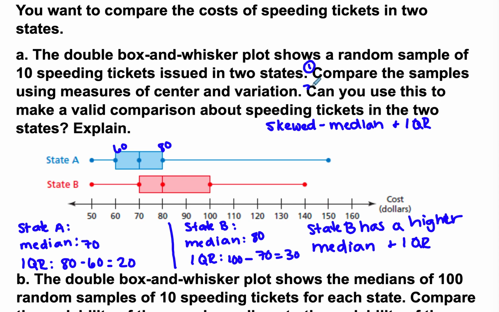And then 2, can you use this to make a valid comparison? This part I'm just going to write here. No, it's only 10 speeding tickets. It's too small of a sample size. So you can compare it, but it's not going to give you very accurate information. The sample size is too small.